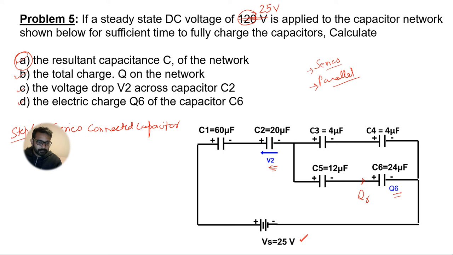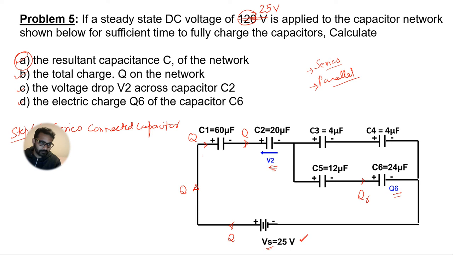For that, what I prefer to do is trace the flow of current or flow of charge. Let's say some charge Q starts from the supply voltage and flows towards the left-hand side, and charge Q flows in this branch, and then through C1. Since you do not have any other alternate path, after flowing through C1 the charge has to flow through C2.